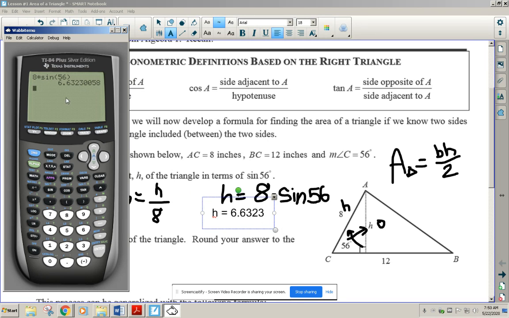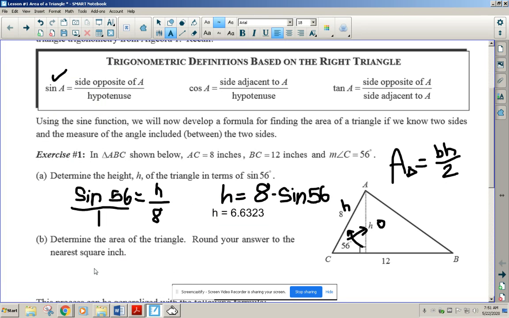But I'm leaving this on my calculator. This is just like what I had told you before. We always, always, always leave the numbers on the calculator because now they want the area of the triangle. Now, if I go back to this formula, area is base times height divided by 2. But notice the height came from the sine.